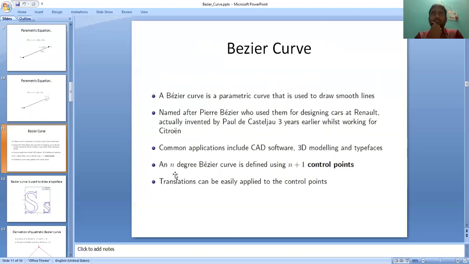So n plus 1 control points are needed in order to draw an n degree Bezier curve. So for example, if we have 4 points, we can draw the 3 degree Bezier curve. If we have 5 points, we can draw the 4 degree Bezier curve, and so on and so forth.